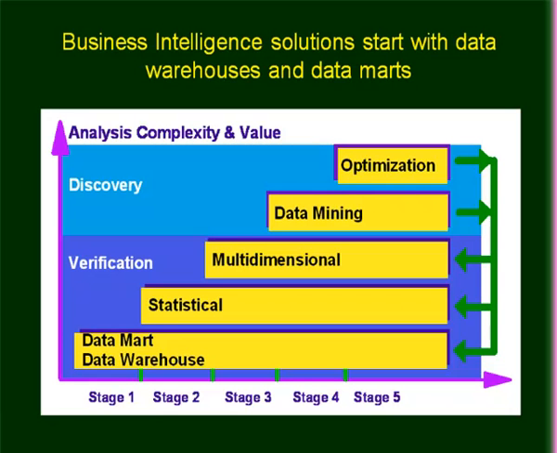The value of information which we discover from BI is very useful for the decision makers. So in fact, these are all different kinds of techniques. In this course, we study only the fundamental concepts of data warehouses and multidimensional modeling.